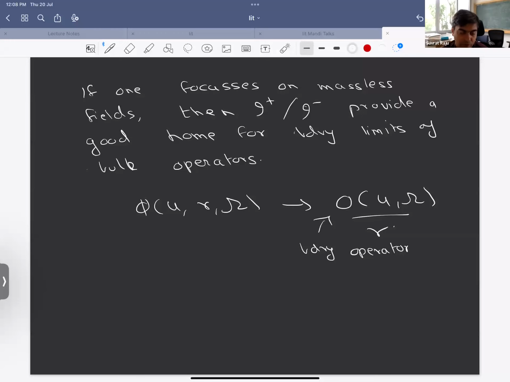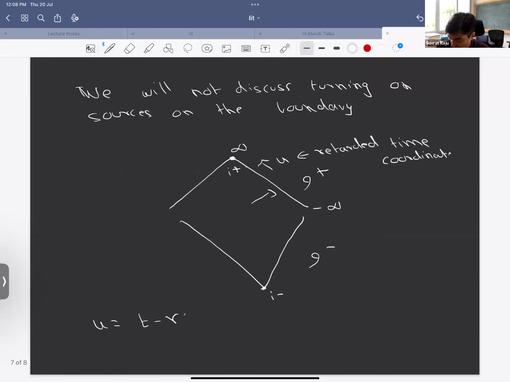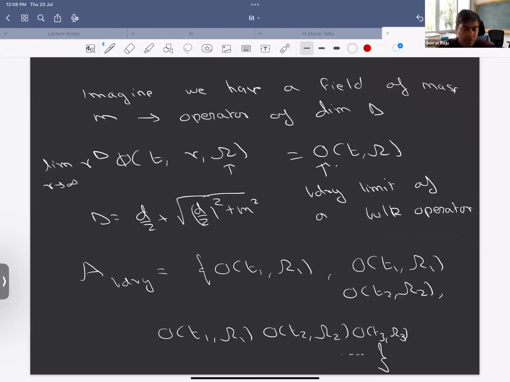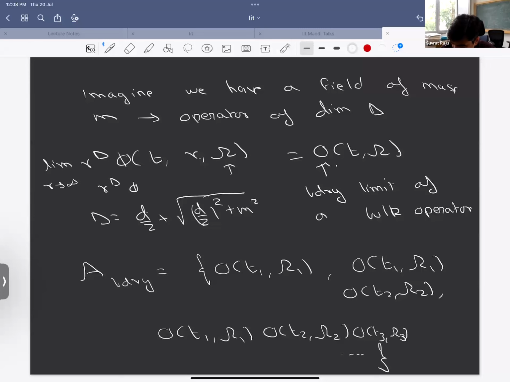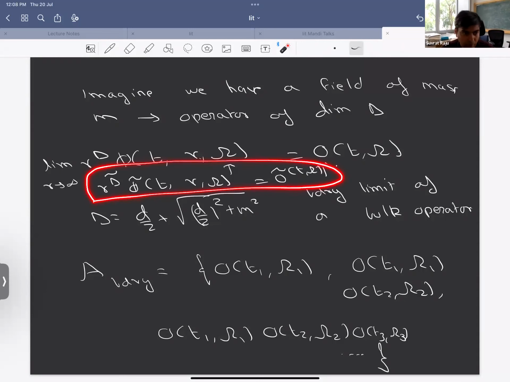So it makes sense to speak of fields with different masses. And for the field of every mass, for instance in AdS, corresponding to every such asymptotic field, you can define some boundary operator. If you had a different field phi tilde, you'd have a different dimension. So you define r to the delta tilde times phi tilde, and this would give you O tilde of t, omega. I just wrote a different limit with r to the different dimension corresponding to a different mass, which gives you a different operator on the boundary.